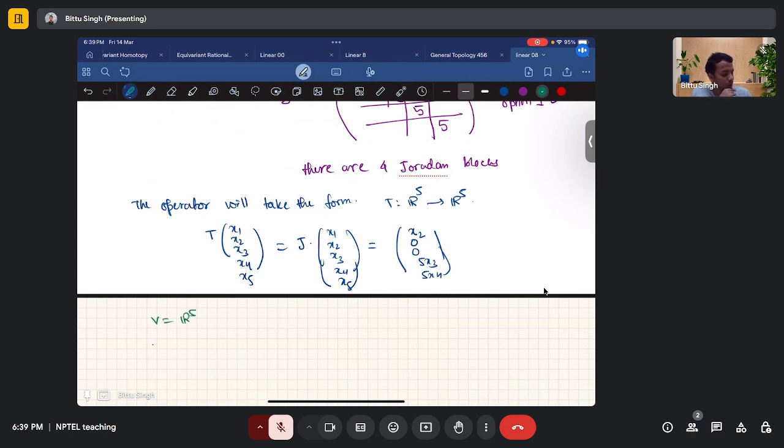Now let us see what V mod kernel of T minus 5i is. First, recall that the quotient space is defined given a vector space V and another W that is a subspace of V. Those are vector spaces.